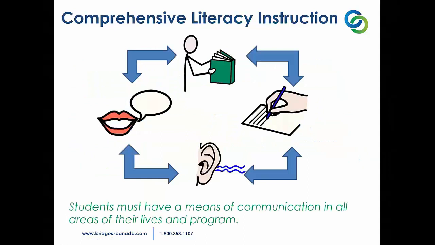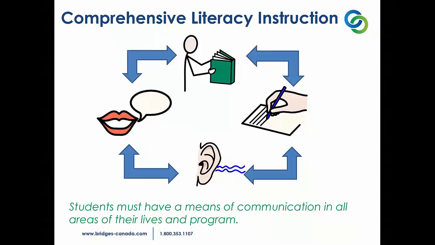We know that it is crucial that all learners, including students with complex needs, have access to a comprehensive literacy program. Even our students who are emerging in their understanding of reading and writing. In fact, in order for them to move on to conventional literacy, they need daily opportunities to interact with books, communicate about stories, write about what they read and hear.